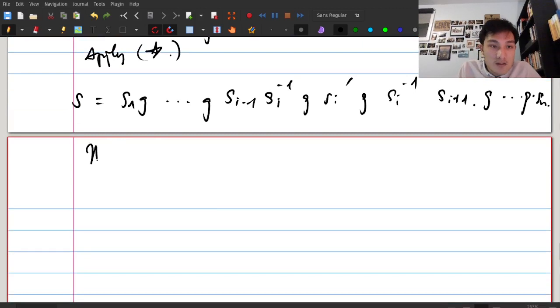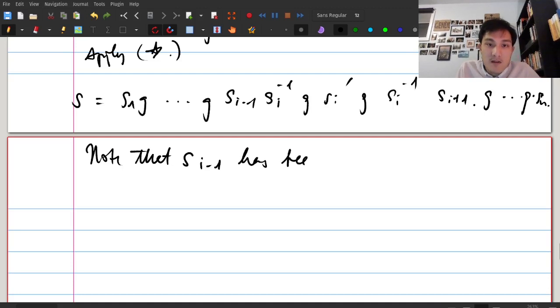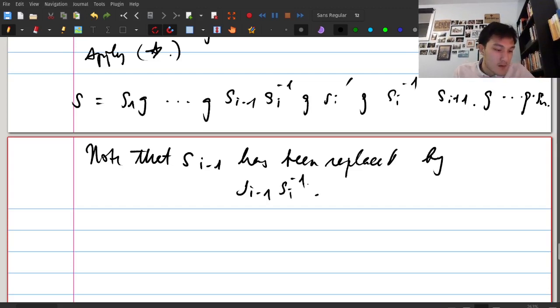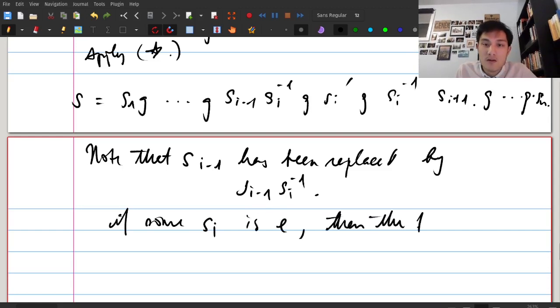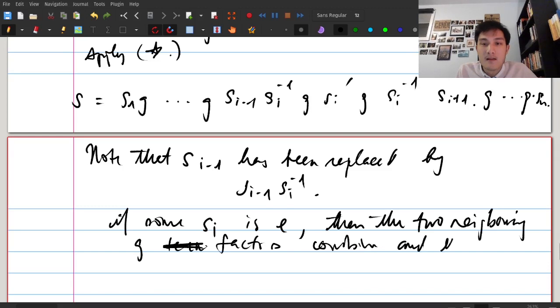Okay, so note that SI minus 1 has been replaced by SI minus 1 SI inverse. So if some SI is E, then two neighboring G terms, or I guess factors, combine, and the length decreases.